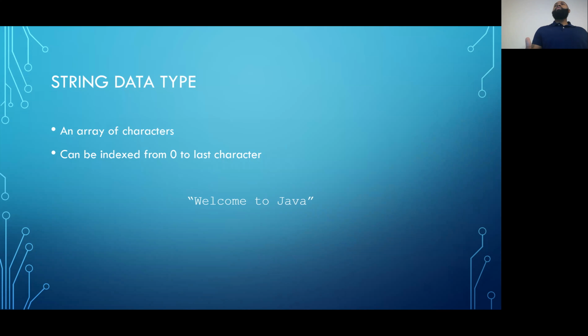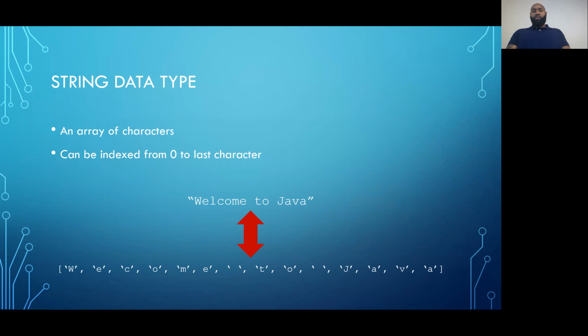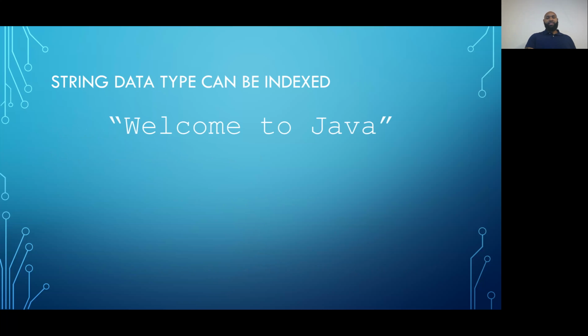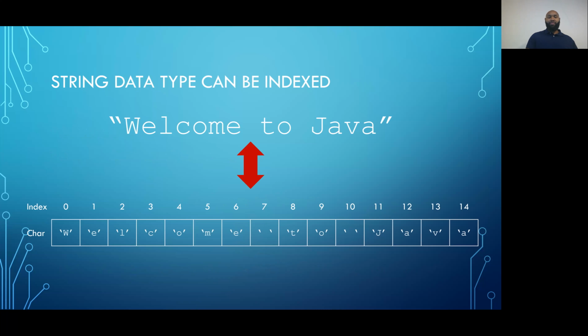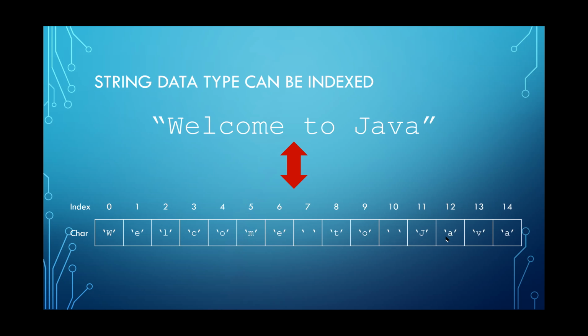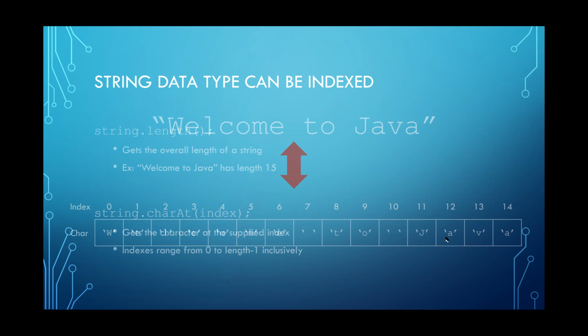So if we have the string "Welcome to Java," really it's just an array, basically a list of characters divided by commas: W, E, L, C, O, M, E, space, T, O, space, J, A, V, A. Each character has its own specific index, 0 through 14, and we can get those characters.